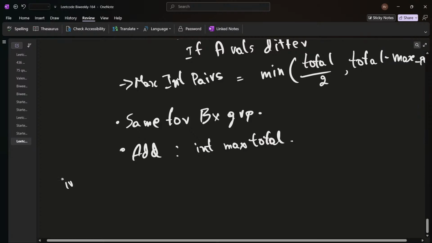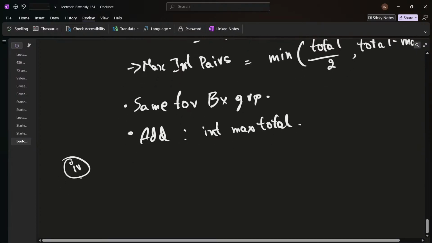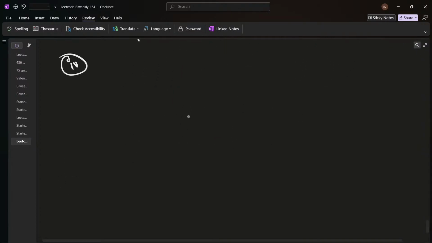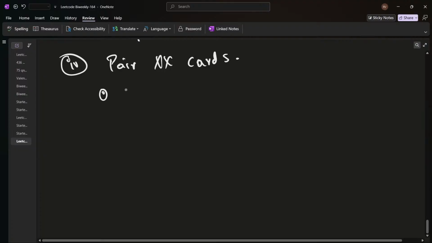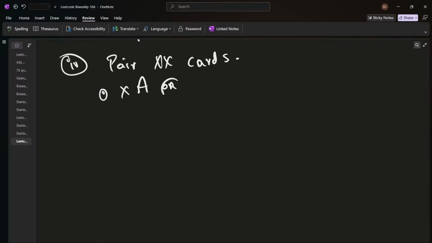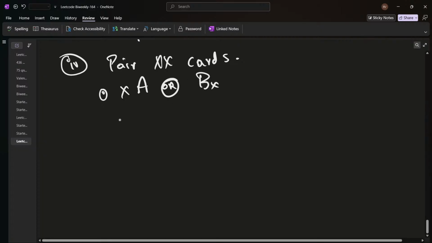And in our fourth step, what will we do? We'll pair XX cards. With what can we pair XX cards? With XA or BX cards we can pair. So here I'll take one more variable r.